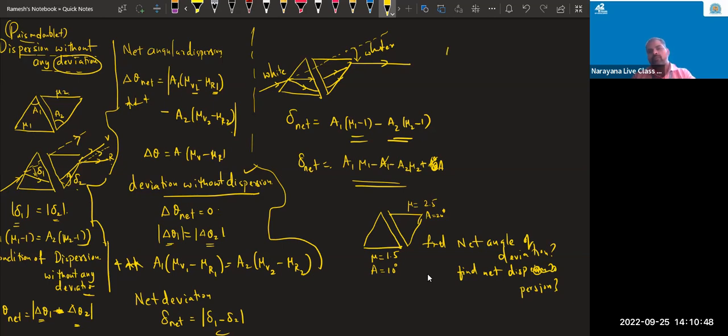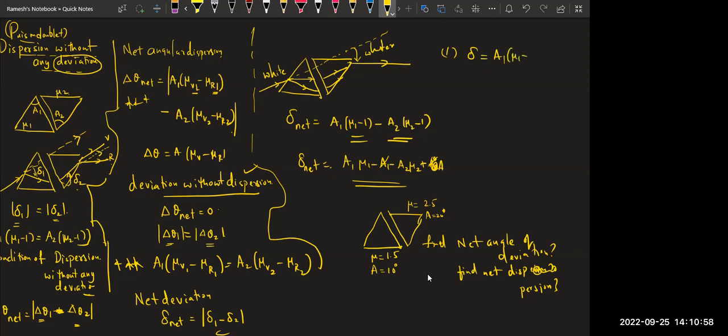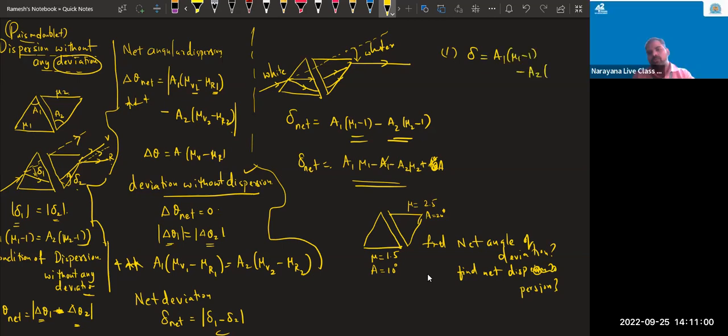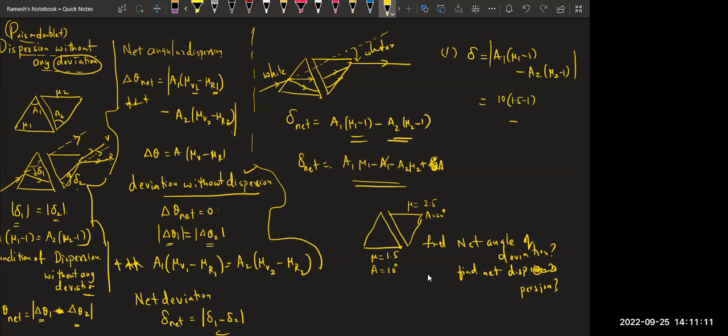First answer found: 25 degrees. Net angle of deviation formula, how much? A1 into mu1 minus 1, minus A2 into mu2 minus 1, but it should not give a negative answer. Substitute A1 value 10 degrees, 1.5 minus 1, that is 5.